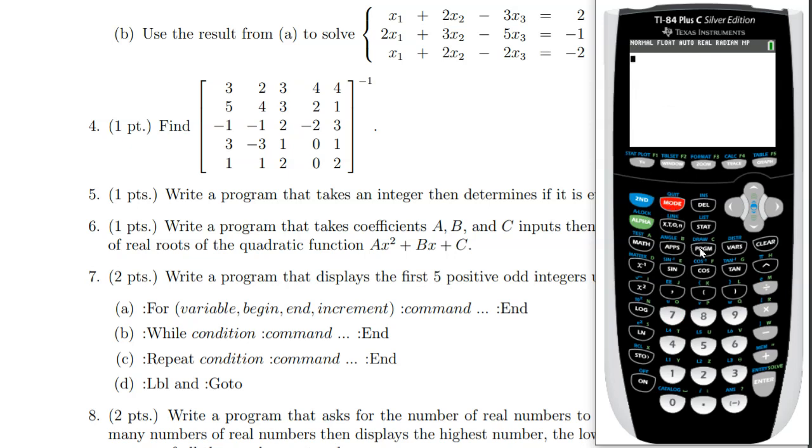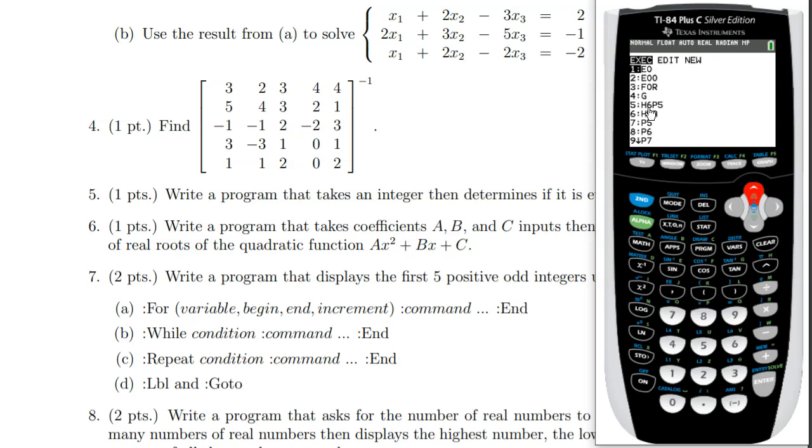So again, we're going to go back into program. This time, instead of editing or creating a new one, we're going to actually try to execute it. Which one was it? We called it H6P5.